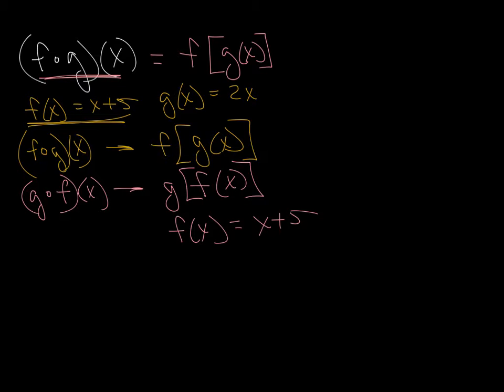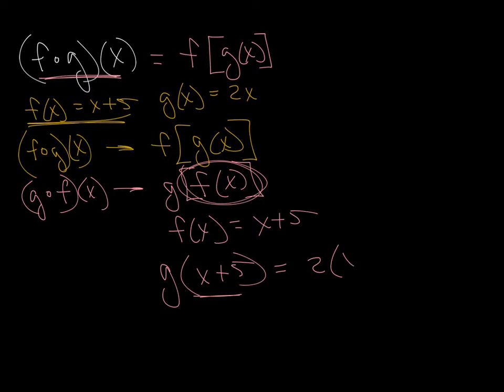So g of f of x, if f of x is x plus 5, then we can put x plus 5 here instead of the f of x. And then we take our equation way up here, and whenever we see an x, we're going to put an x plus 5 in its place. So we did here, and now we have to do that here. And we can go ahead and distribute that and get that. And that's all there is to it.